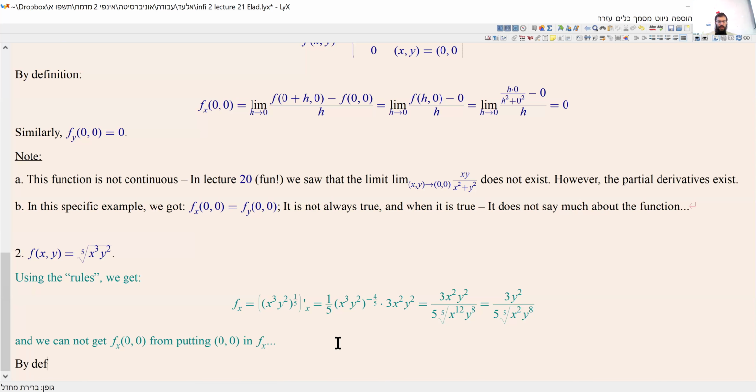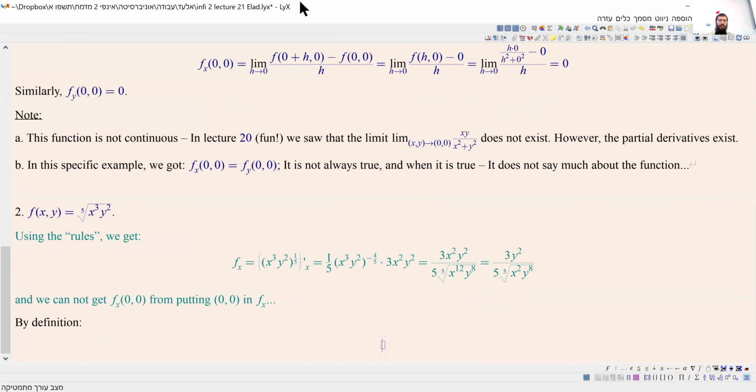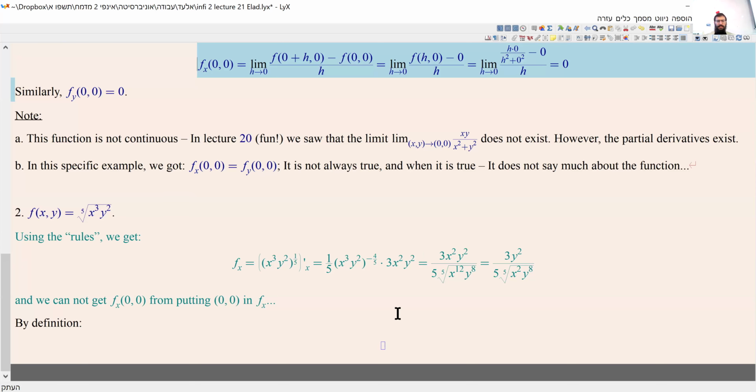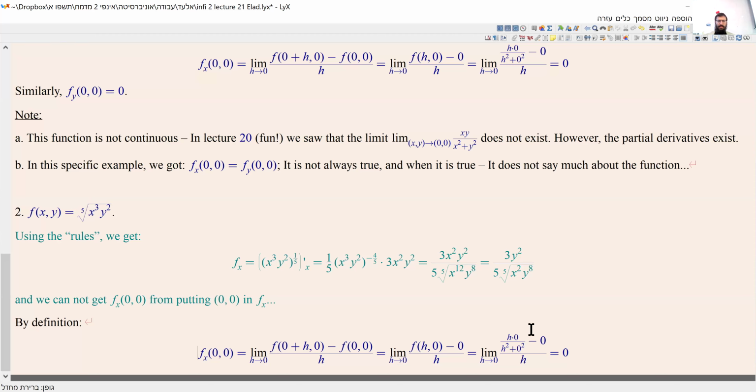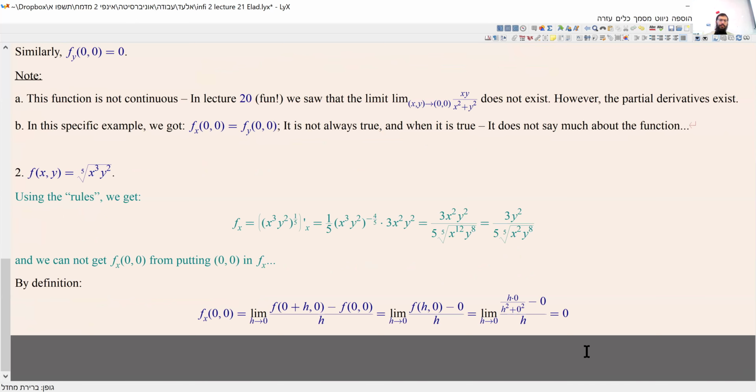So by definition, as I mentioned before, we will see shortly that just like the previous example, we get 0 here as well. It is not necessarily so. Sometimes one derivative is 0, the other one is pi, or whatever numbers you like. Sometimes one derivative exists and the other doesn't. It's all on the grill, as we say in Hebrew.